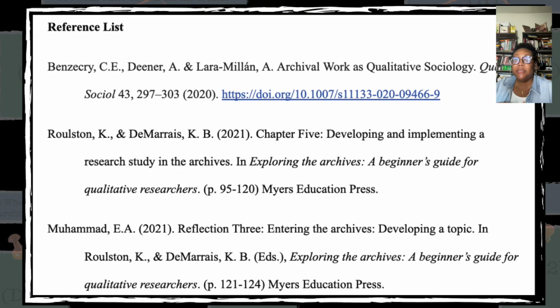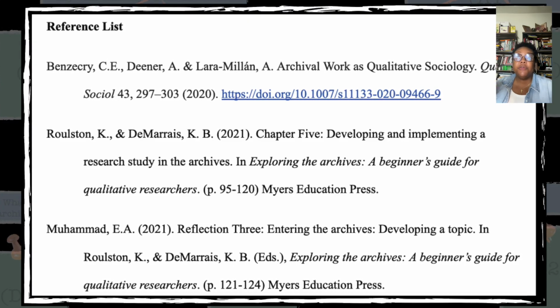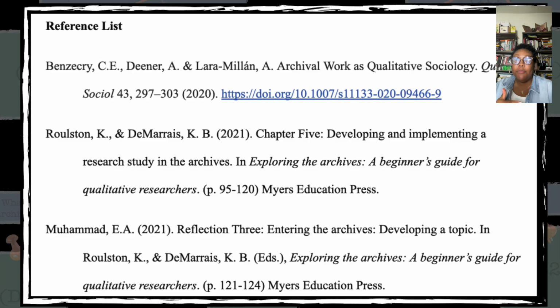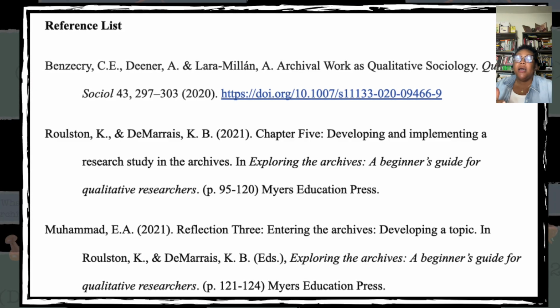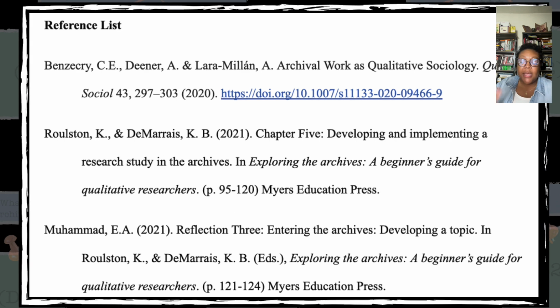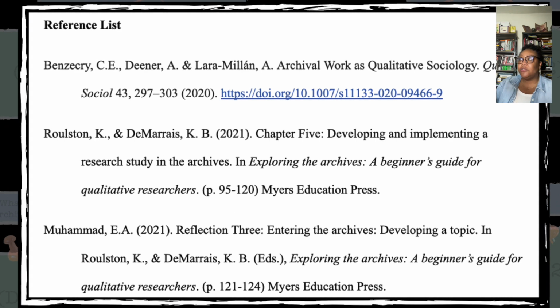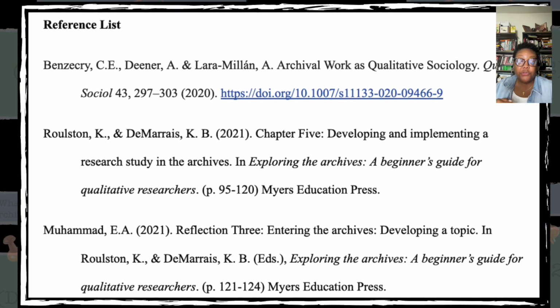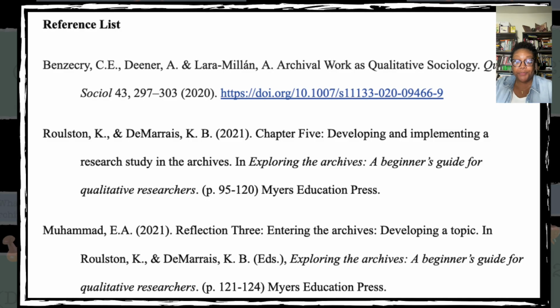Now, from the position of someone working in the archive, learning what information is missing can help you begin to think about this collection's future, maybe what other research needs to be done, interviews, or objects need to be collected to help create a full story.